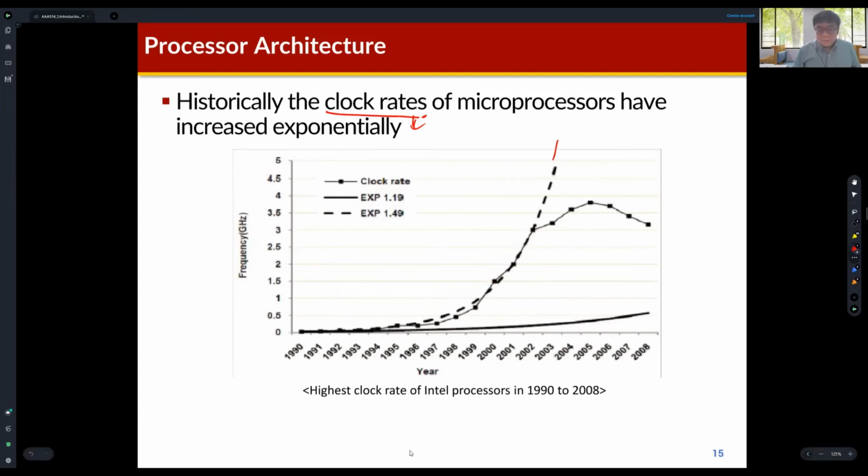As you can see, this is just the expectation: the clock rate increases exponentially based on this expectation. But around the early 2000s, as you can see, this is the real trend. The clock frequency is saturated.